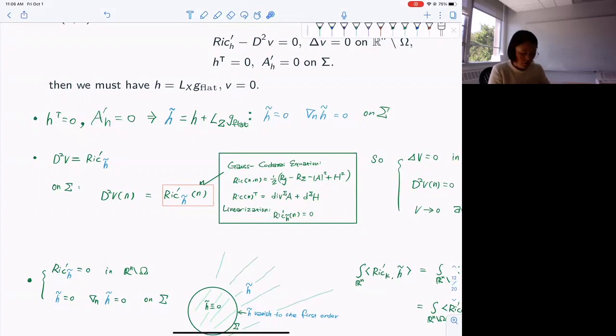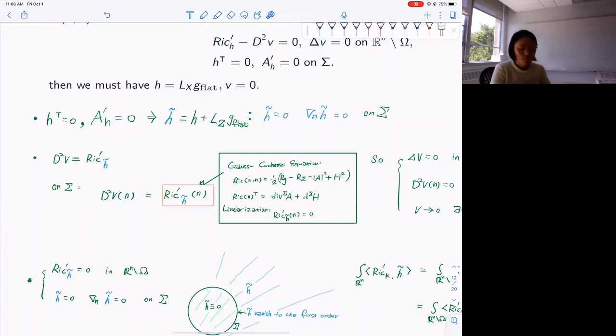We take the linearization, of course, with respect to H tilde. And since H tilde has vanishing Cauchy data, like vanishing Dirichlet and Neumann data, when we take the linearization, all those terms will be 0. And H tilde is also a scalar flat deformation, so this term is also 0. So we can derive that the term on the right-hand side is equal to 0.